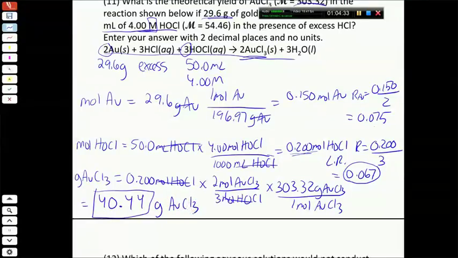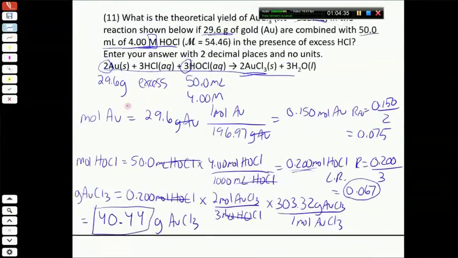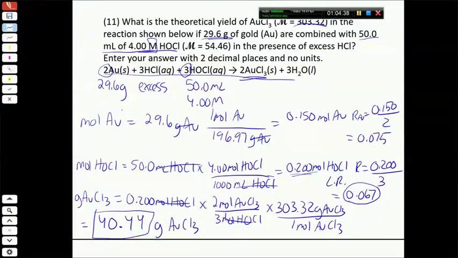Okay, so whenever you're given amounts of 2 or more reactants, you have to first determine the limiting reactant. The other way to do these problems, if you're more comfortable with it, go ahead and do it. There's nothing wrong with that way. It is just to do the problem twice. Start with each reactant and calculate the amount of product that forms from that, and whichever number is smaller is going to be the correct answer, and whatever reactant you used to get that number would be the limiting reactant.